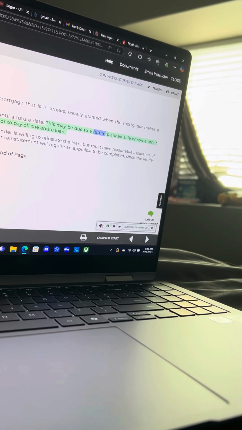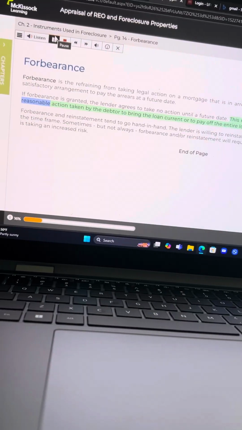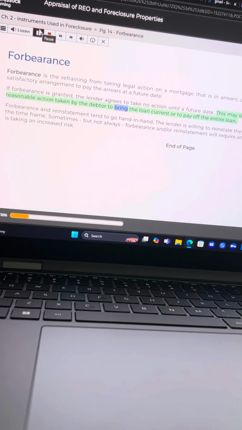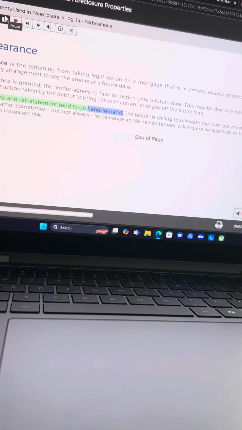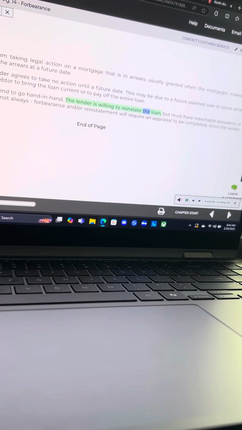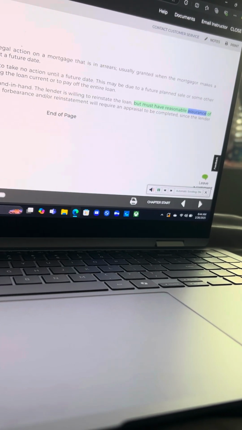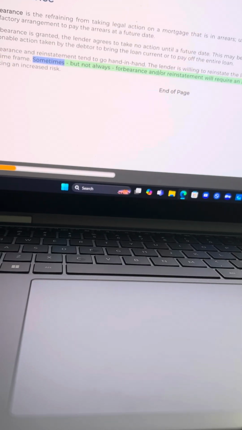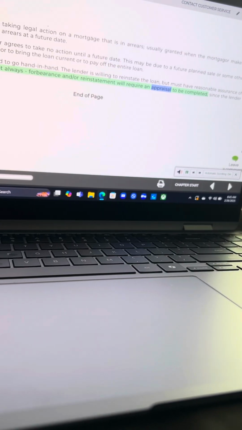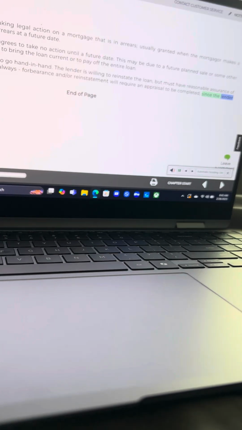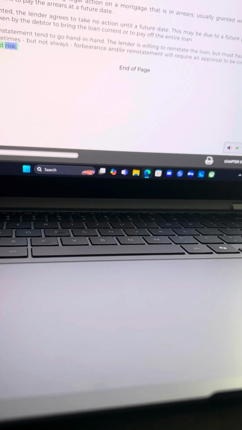This may be due to a future planned sale or some other reasonable action taken by the debtor to bring the loan current or to pay off the entire loan. Forbearance and reinstatement tend to go hand in hand. The lender is willing to reinstate the loan, but must have reasonable assurance of the time frame. Sometimes, but not always, forbearance and/or reinstatement will require an appraisal to be completed, since the lender is taking an increased risk. End of page.